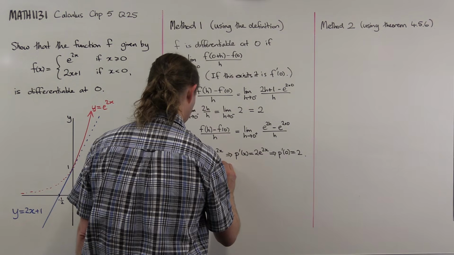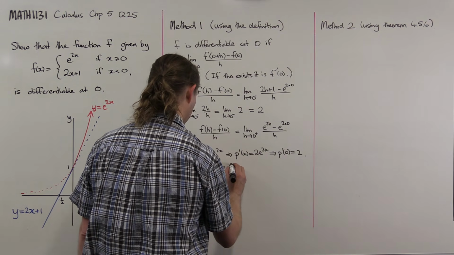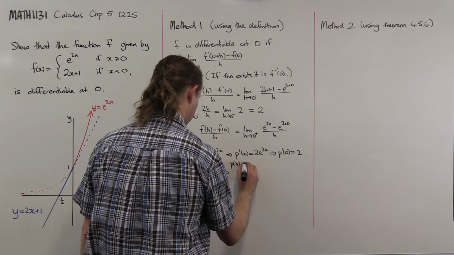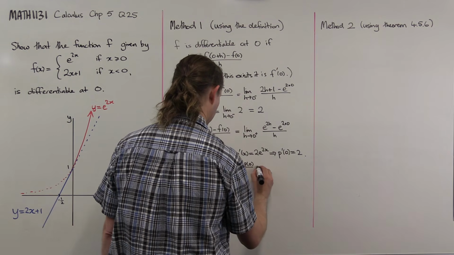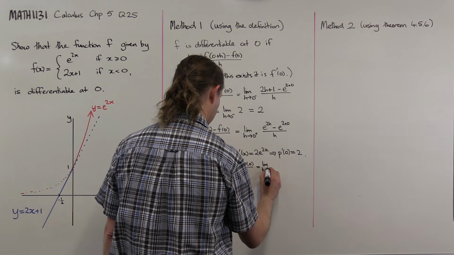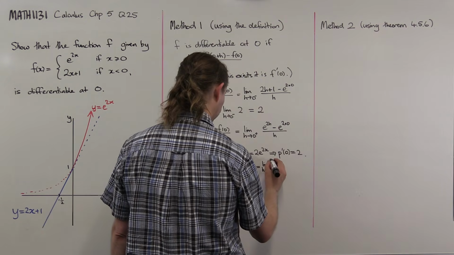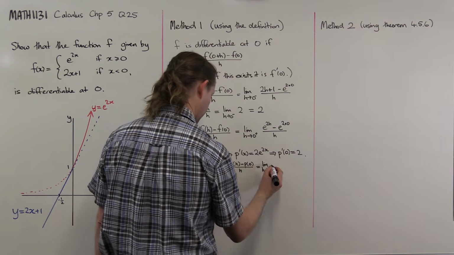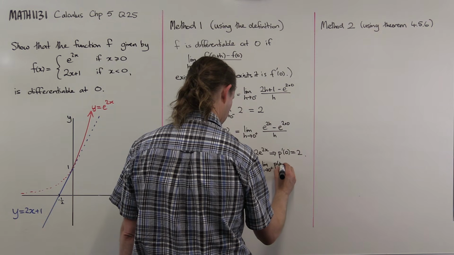It says that this is the limit as h tends to 0 of p of h minus p of 0 over h.